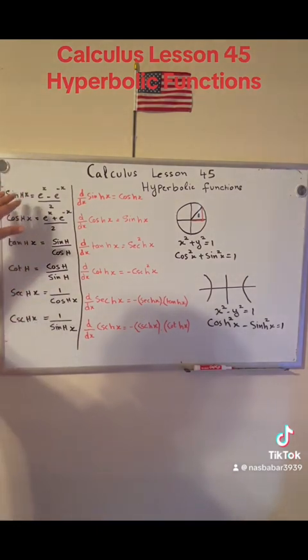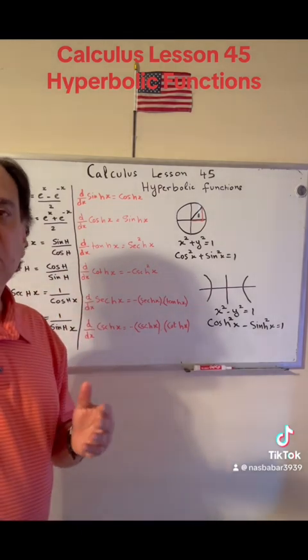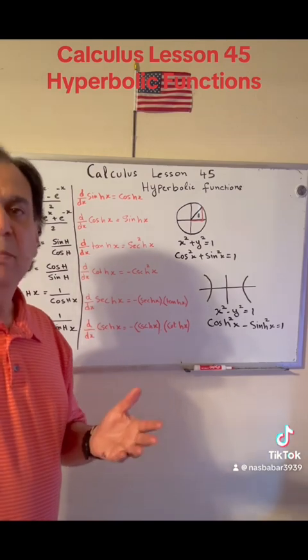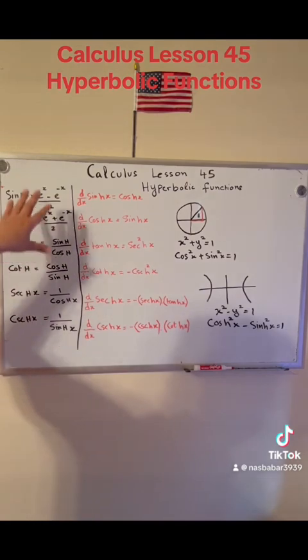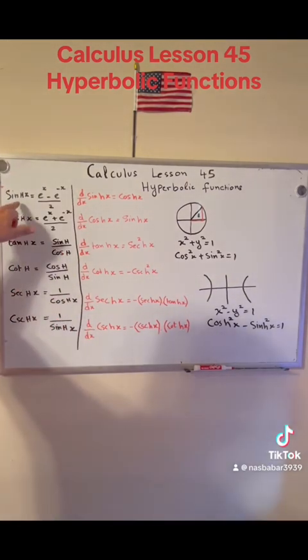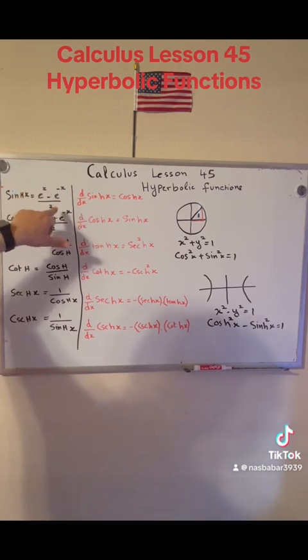Now I'm going to show you these formulas right here. These formulas were solved by mathematicians a long time ago, and they might or might not be in your book, but how we get them is beyond the scope of my lecture. So I'm just going to show you: sine hyperbolic x is equal to e raised to the power x minus e raised to the power minus x, over 2.